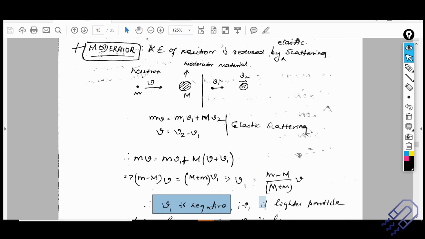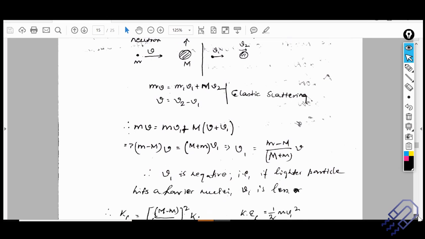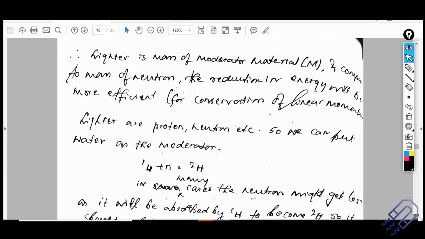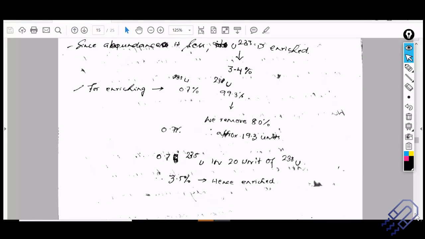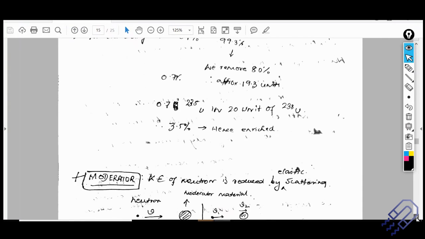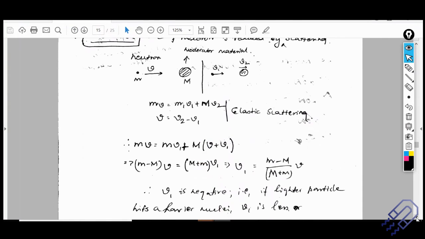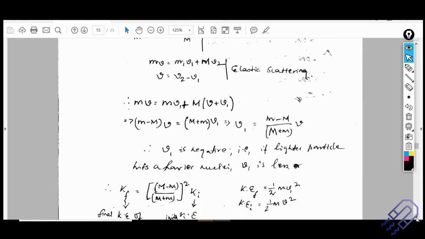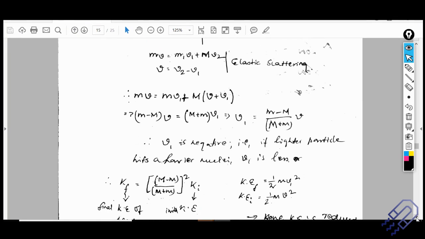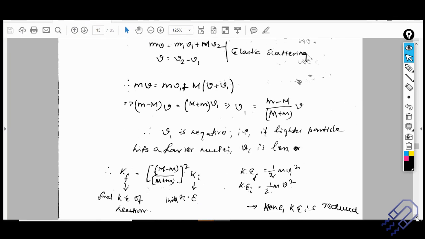So that means we have a lighter particle incident on a heavy particle. This is the maths, a simple thing, not very complicated. When a lighter particle, let's say a neutron, hits a heavier particle, that means the moderator, we are expecting more or less an elastic scattering.